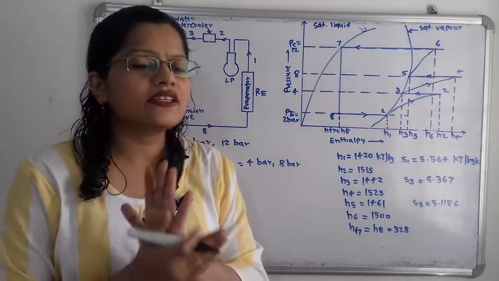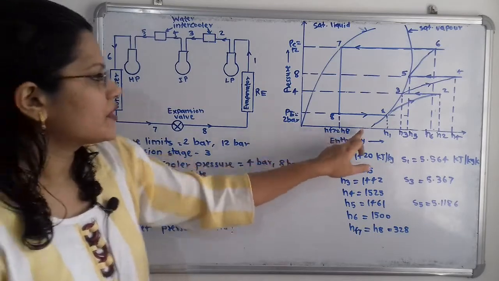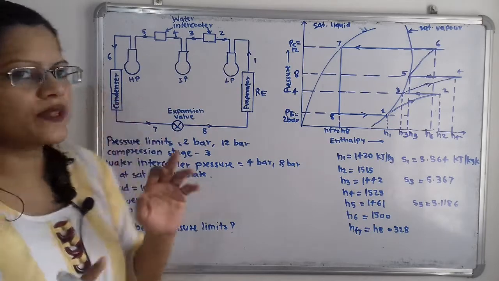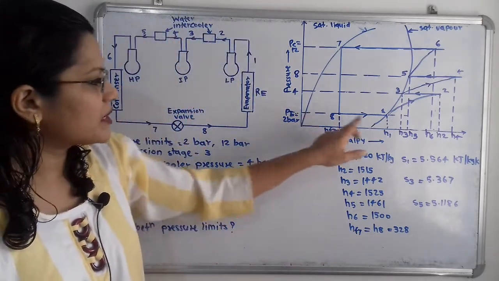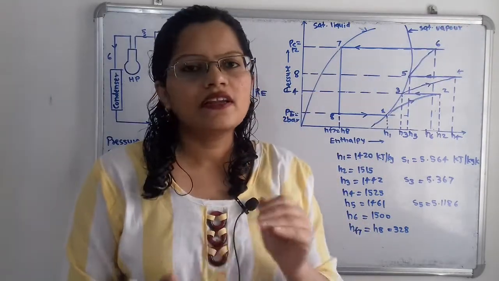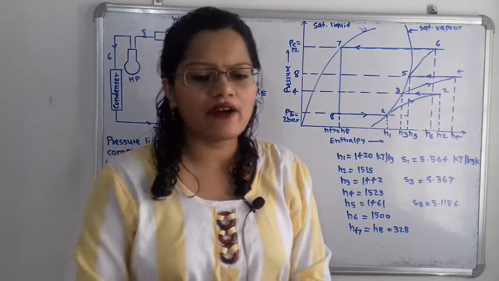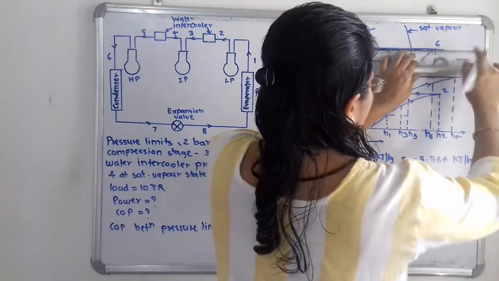So here it is important to note that the compression is taking place with these 3 compressors, but when the direct compression is taking place from 2 bar to 12 bar directly, then what will be the coefficient of performance? So again what we have to do, we have to extend this 12 bar pressure line.